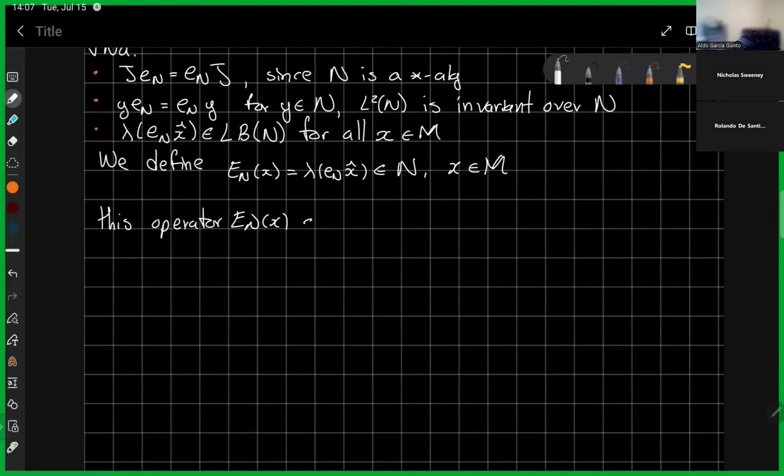This operator satisfies En of x y hat is going to equal En of x y, or probably just feed it in, so it should be x y.